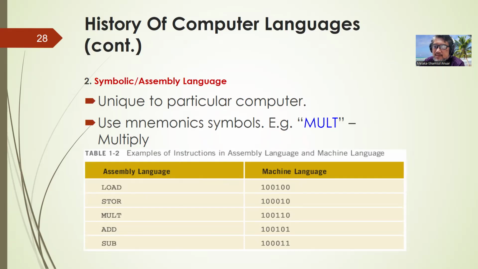Examples of instructions in assembly language and machine language. In the assembly language, we use instructions such as load. This is 100, which is what the machine understands. Store is 1010, multiply is 100110, add is 100101, and subtract is 1011.